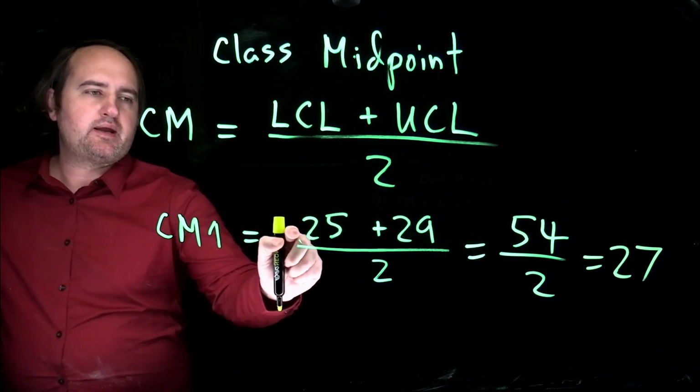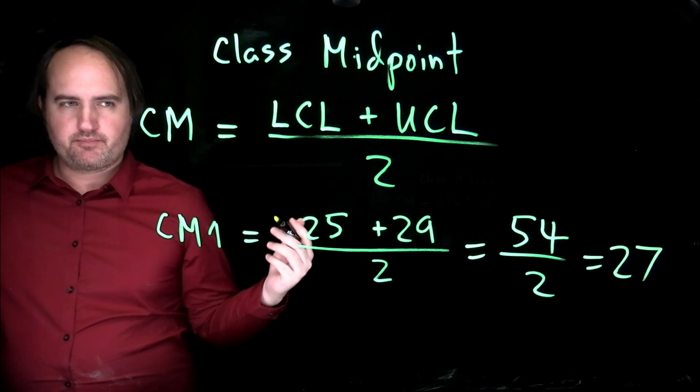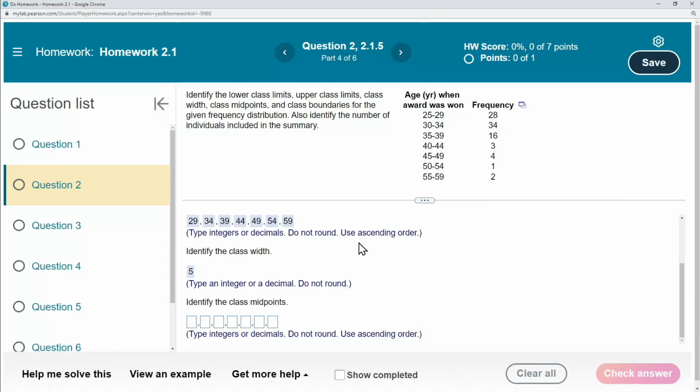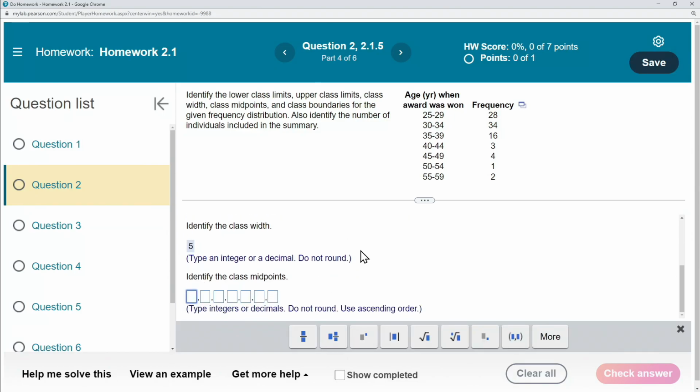Okay? And I'm not going to write it out for all the rest of them. So if we go back to our homework here, the first class midpoint that we found goes in the first box, which is 27. And then how do we quickly calculate the rest of them without having to write it down? Well, that's what a calculator is for, really.